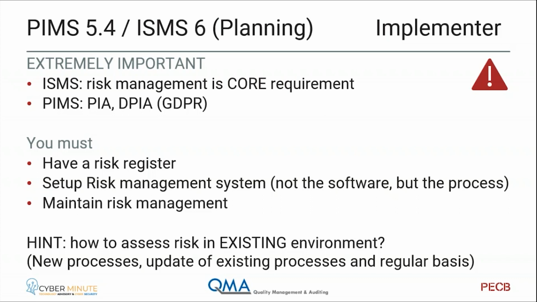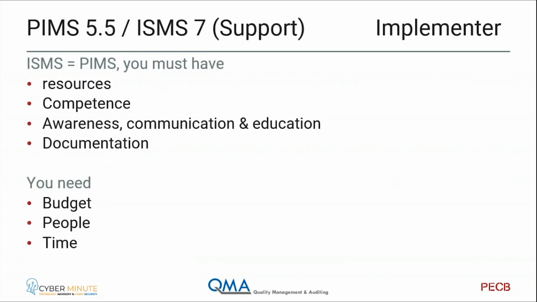One key important thing is how you get implementation of risk management in your existing environment: make sure first of all that new processes follow the rules, do the DPIA and privacy impact assessments at least for new processes, and then start gradually adding your existing processes. Very typically you do it a few times a year, or one of the important triggers is when you change existing processes, plug in the PIA to do so, right?